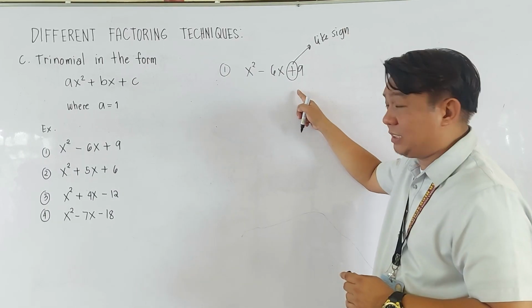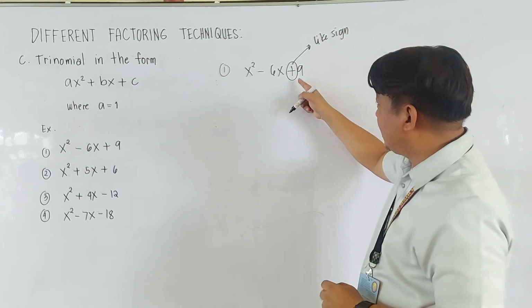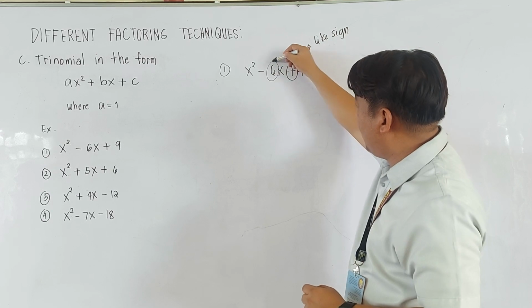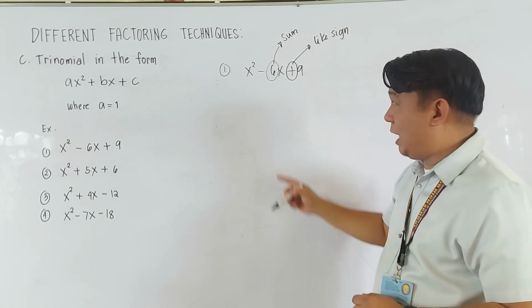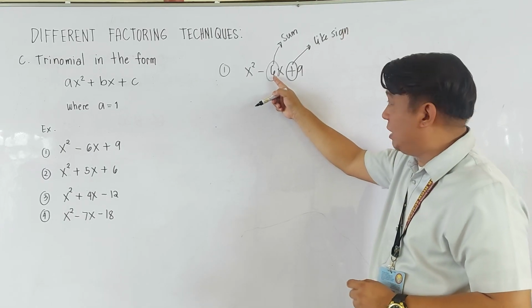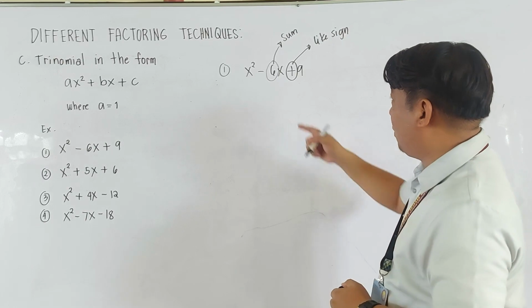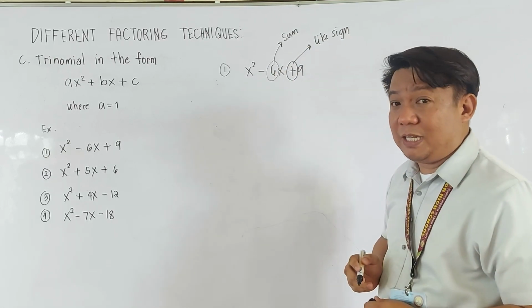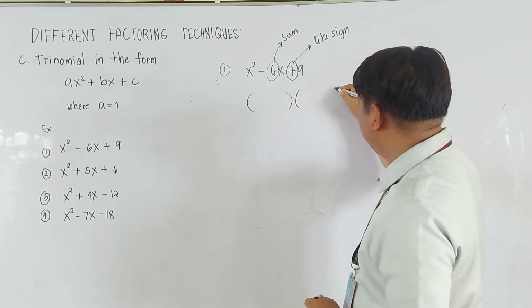And pag positive din ang sign ng last term, ibig sabihin, etong 6 na to ay sum. Ibig sabihin, yung number na 6, yung sa middle term, ay sum siya. Inadd siya. Alright? At kung ano yung sign na nasa gitna, yun yung sign na gagamitin natin. Okay, gawa tayo ng dalawang parenthesis.